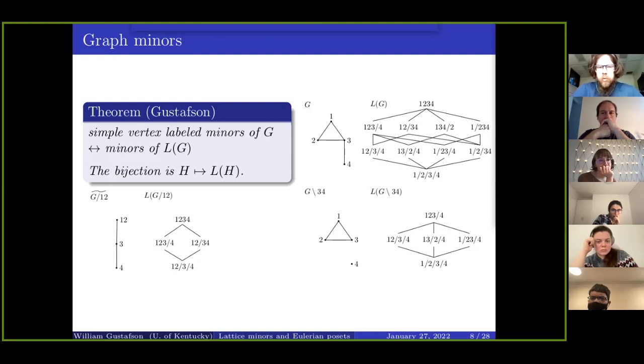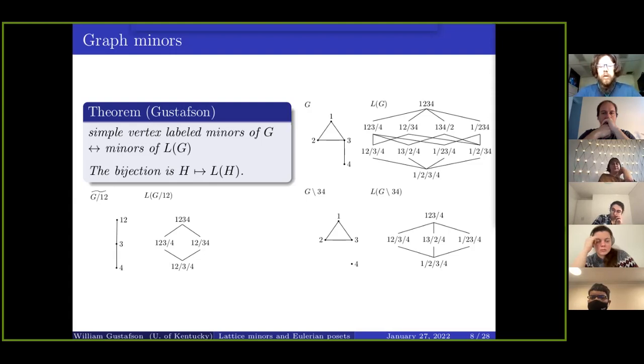So as an example here, I have this graph G in the top right, and to its right is its lattice of flats. Here the flats are labeled as partitions of the vertices, and these are just all the partitions whose blocks are the connected components of a subgraph. On the bottom left is the simplification of the contraction of this graph by 12, and its lattice of flats.